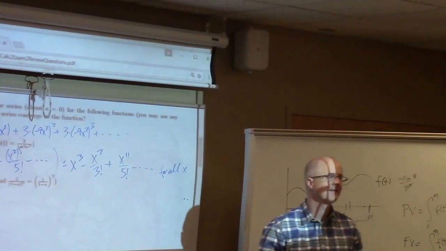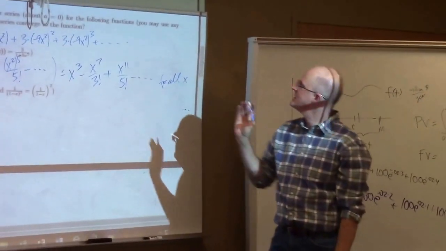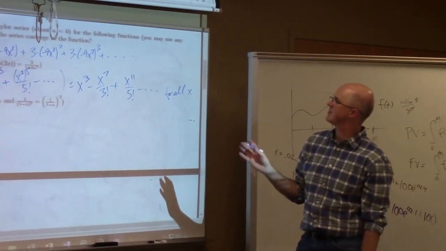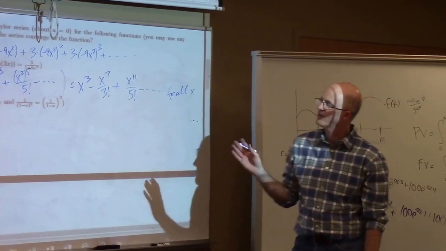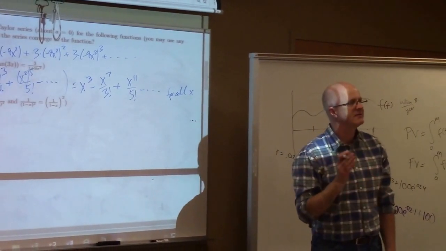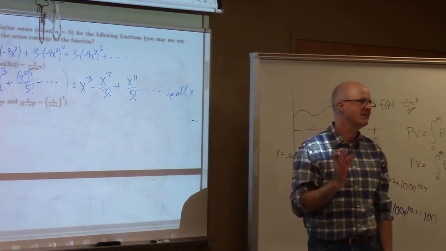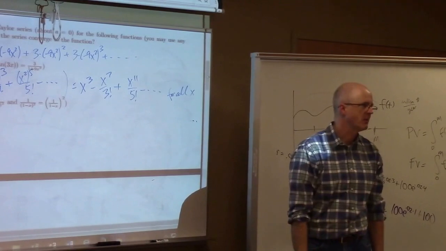Glad I remembered to say that. Even though it says find the first 3 non-zero terms, in the directions here it's not explicitly stated. I might try to explicitly state it. I do want you to put the plus dots to emphasize you know it's the infinite series that equals the original function, not a finite Taylor polynomial.